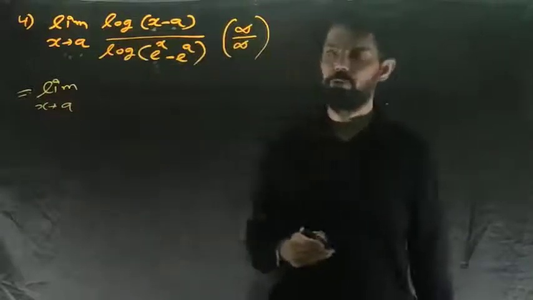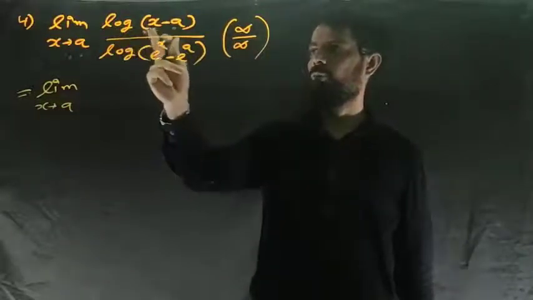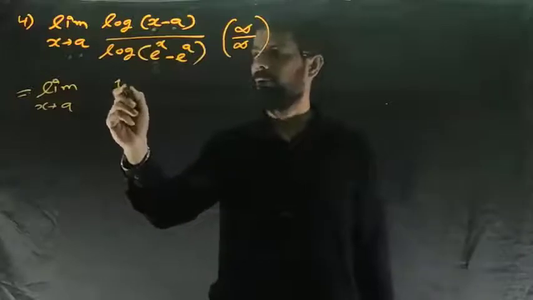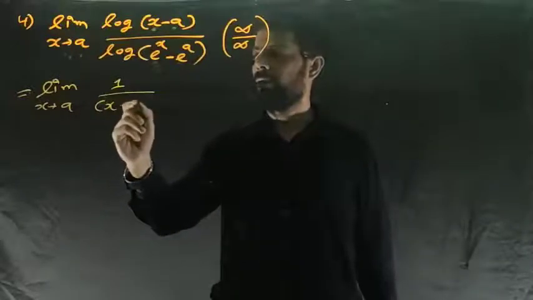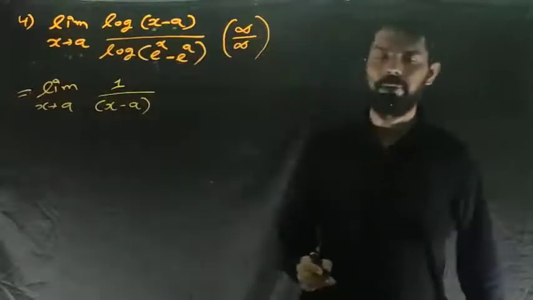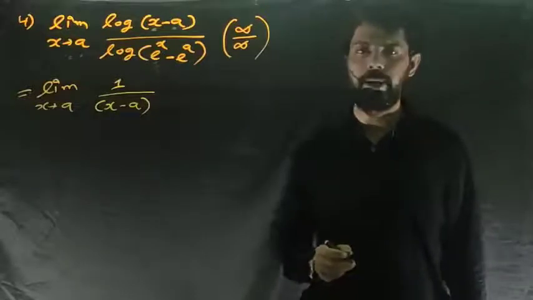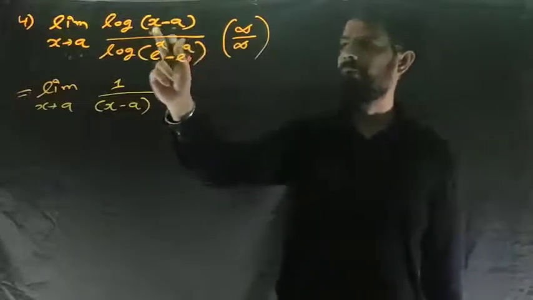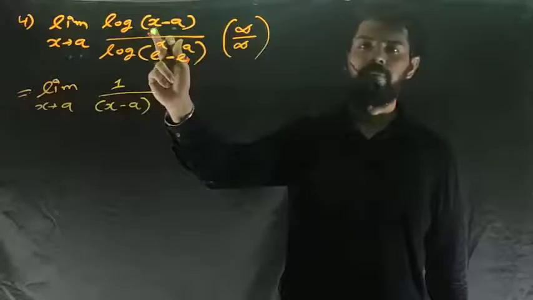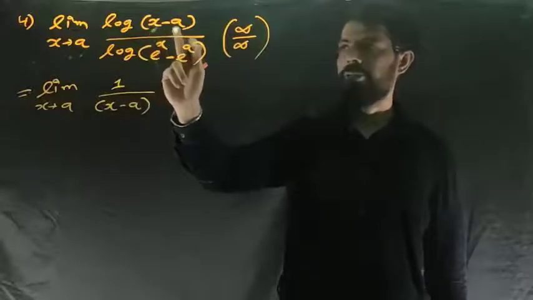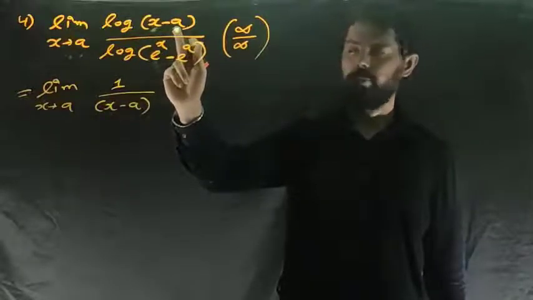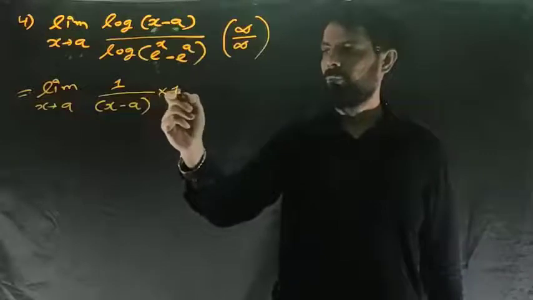taking the derivative of the numerator first, the derivative of log(x minus a) will be 1 divided by (x minus a), because the derivative of log x is 1 divided by x. Then taking the derivative of the bracket, the derivative of x is 1 and a is a constant term, so the derivative of a is 0, so into 1.